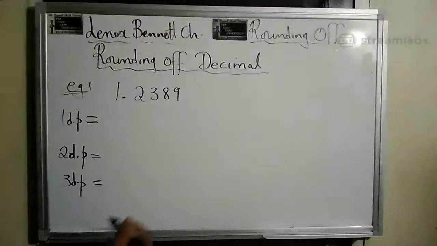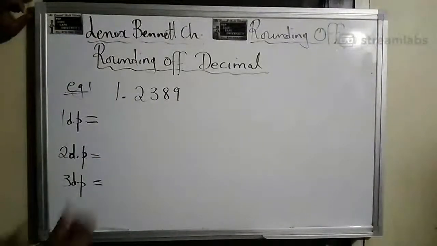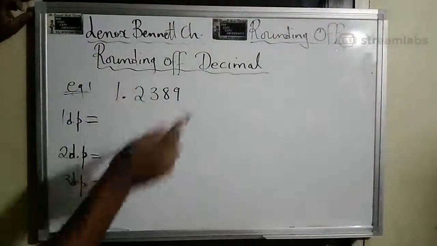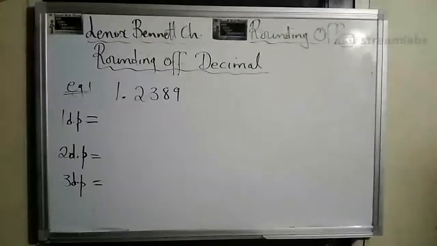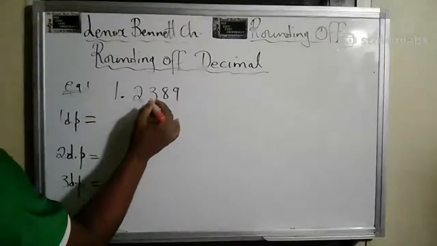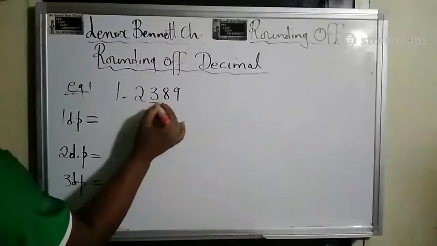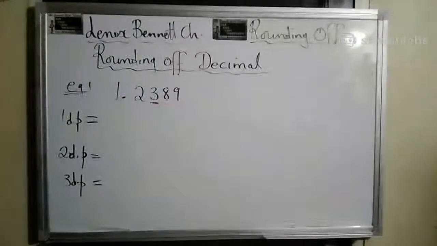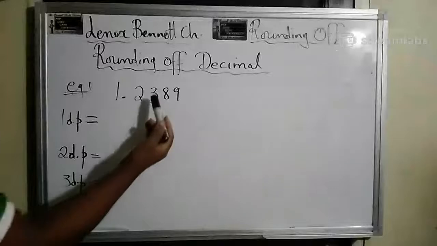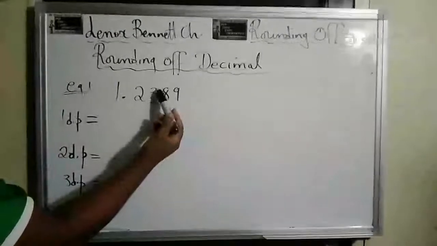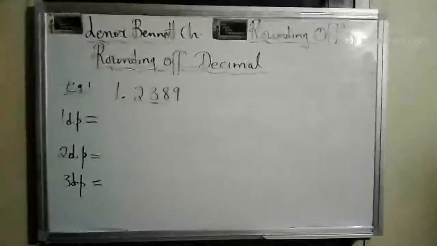Alright? So 1 decimal place means only 1 number must come after the decimal point. To solve this, we go to the second number, the one to its immediate right. If it's 4 or less, we drop it.